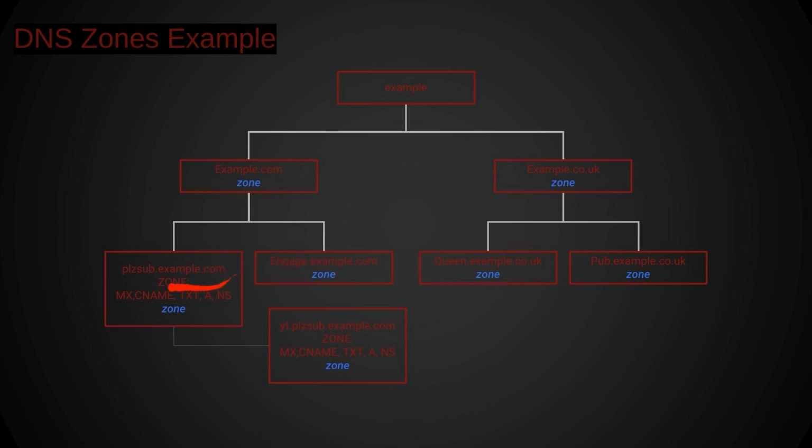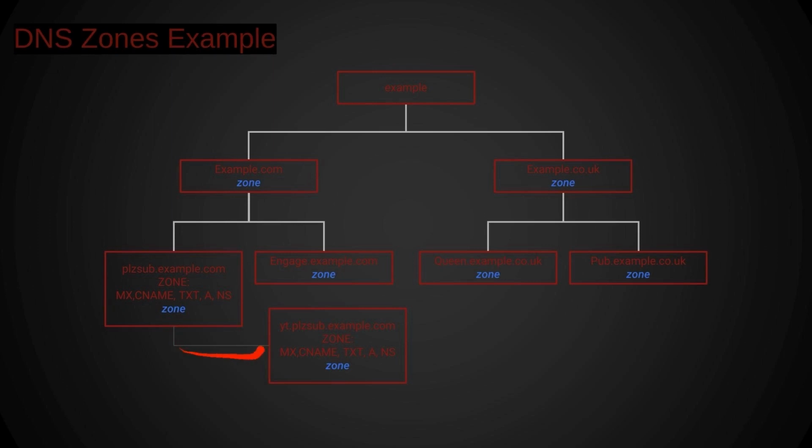Each one of these are separate zones. Now this zone can contain MX, CNAME, text records, A records, name server records, basically have full granular control over the DNS for this zone. Same as you would with any other parent zone, each one can have full granular control over the DNS, which makes this a lot more dangerous than a traditional subdomain takeover.